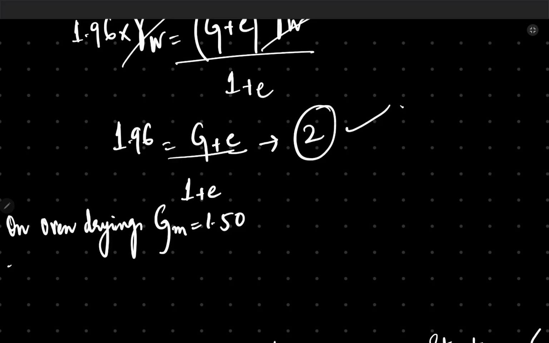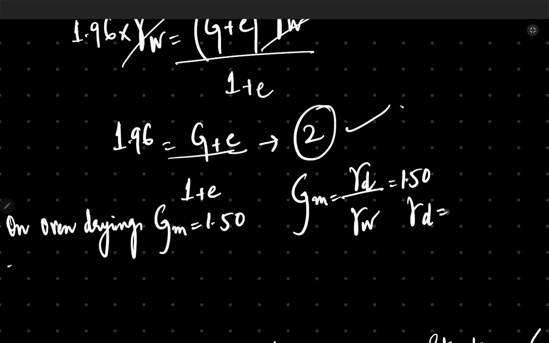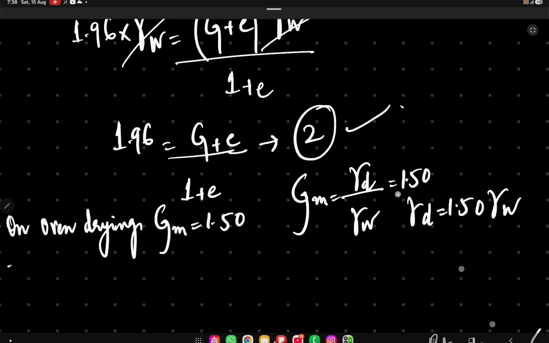That means on oven drying, we know that this is equal to this by this, but since on oven drying this becomes dry unit weight, this becomes 1.50. So dry unit weight becomes 1.50 times unit weight of water.